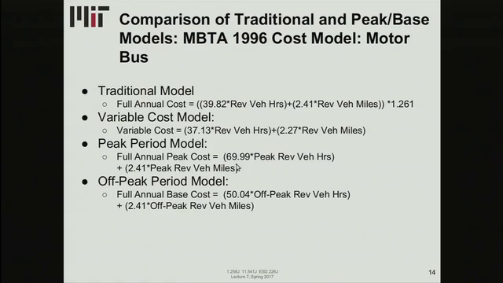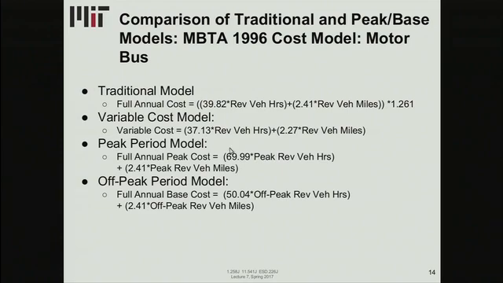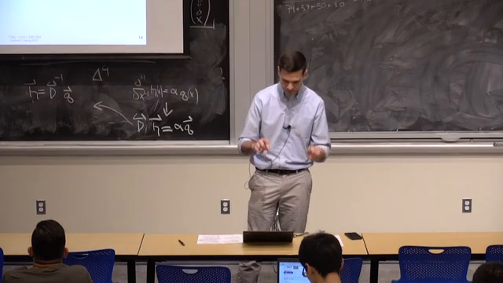If we take the $37.13 of revenue vehicle hours that was in our initial variable cost model, and add the unit cost for peak revenue hours, which is $32.86, right? From right here. So that's the weekday peak service unit cost. We get $69.99. So now that becomes our unit cost in the peak.